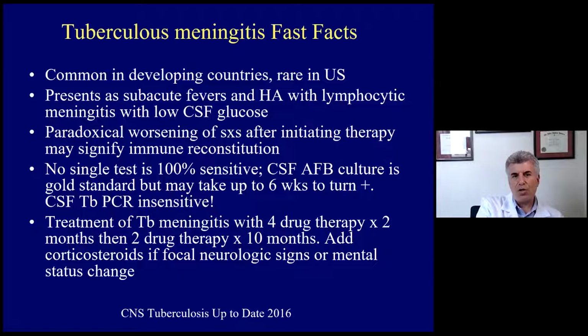It presents as subacute fevers with headache, with lymphocytic meningitis with a low CSF glucose. So that's an unusual finding. That subacute nature of the clinical course with the lymphocytic meningitis and a low CSF glucose is a real clue, very important, and not a lot of things do that.